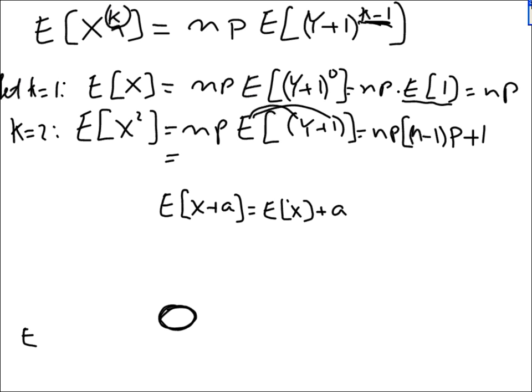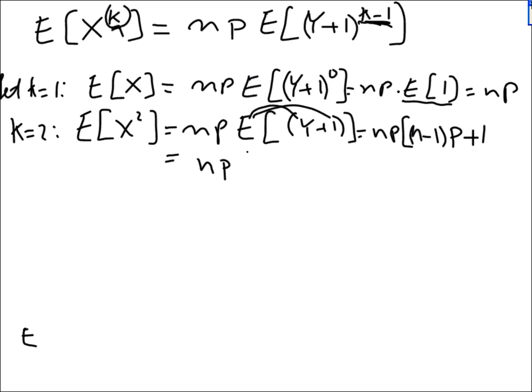Which turns out to be, np times, distributing, np minus p plus 1. That's E of x squared.